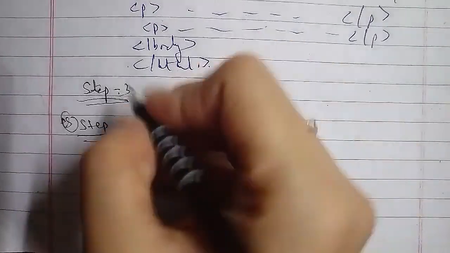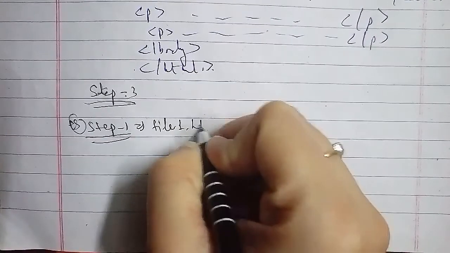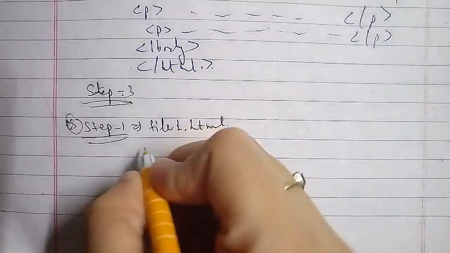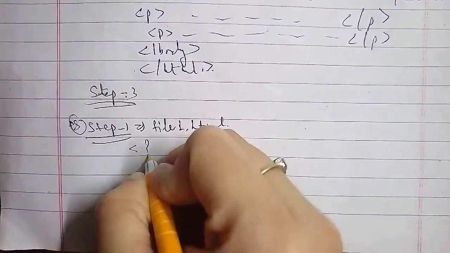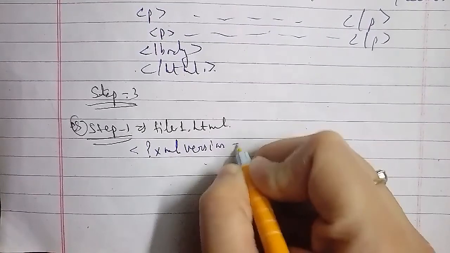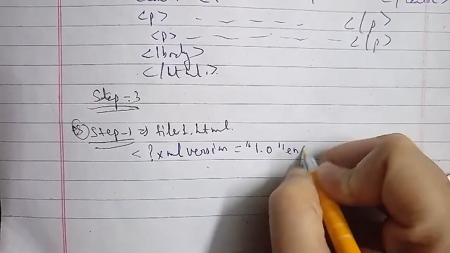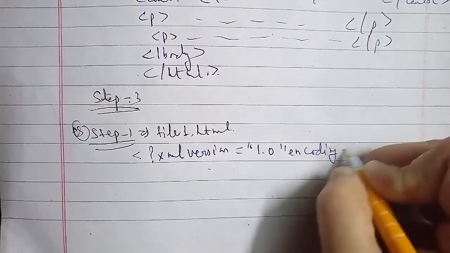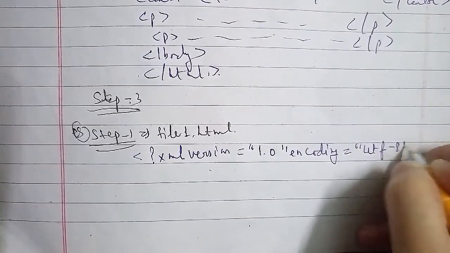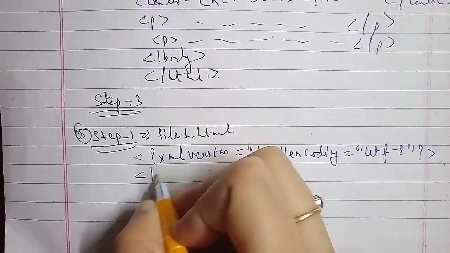For that we start with XML version equals to 1.0, encoding equals to UTF-8, and then we will start with the doc type.